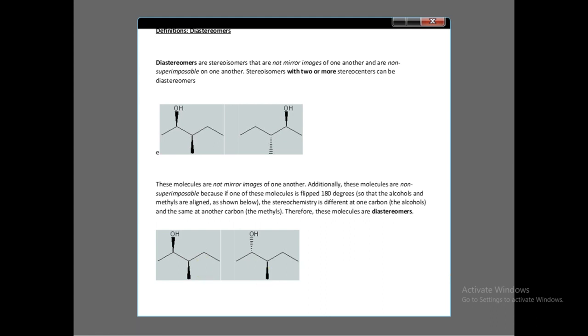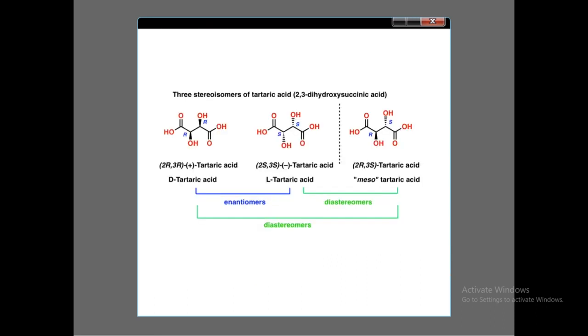Are you clear, class? Can you follow me? Okay, we can look at another structure here: the stereoisomers of tartaric acid. Tartaric acid has 3 isomers: 2R, 3R tartaric acid, 2S, 3S tartaric acid, and 2R, 3S tartaric acid.